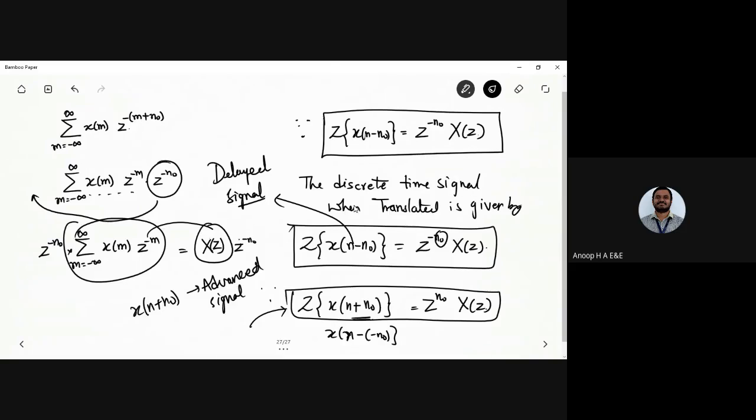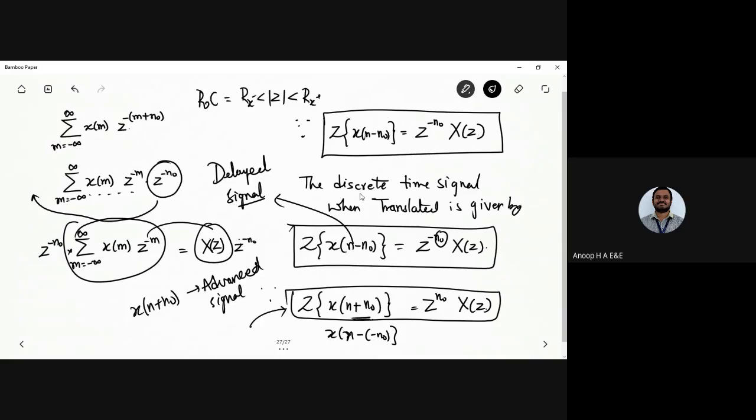Next I have the multiplicative property. To highlight the ROC, it would be mod z less than Rx plus and greater than Rx minus, so somewhat like this you will have the region of convergence.